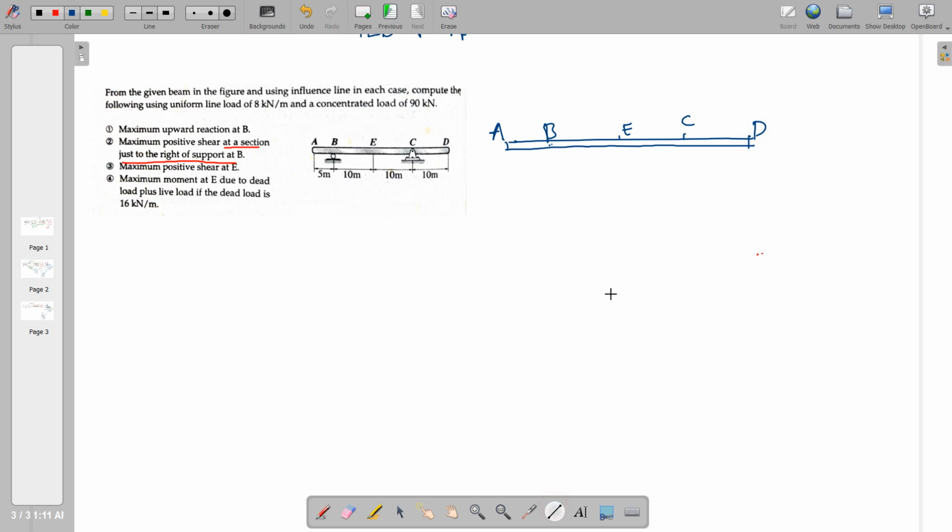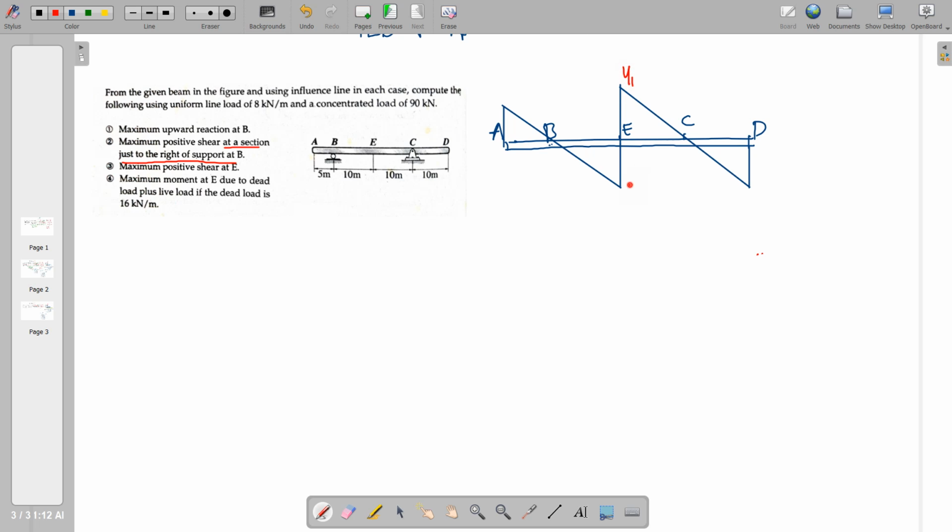So we're going to let that deflect downwards, passing through B, because we have a support at B. And an upward deflection here, passing through C also. So I think we'll be having a symmetry here.